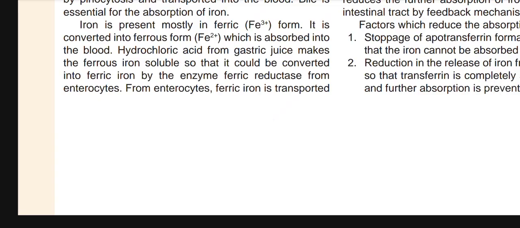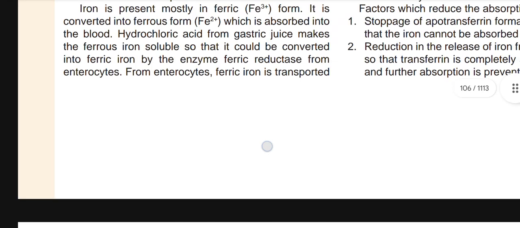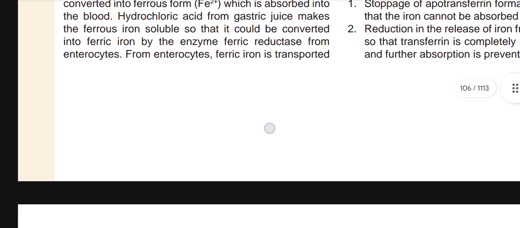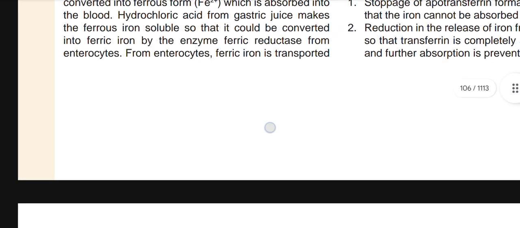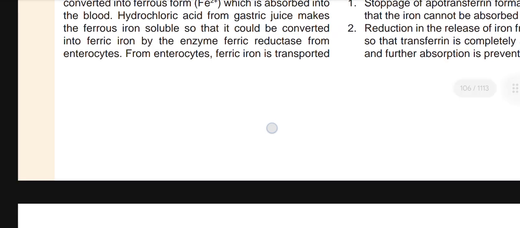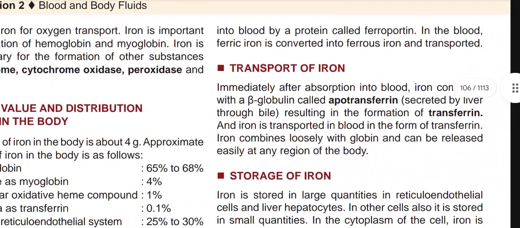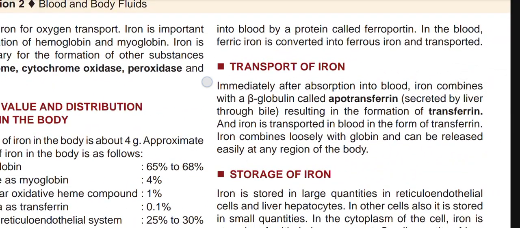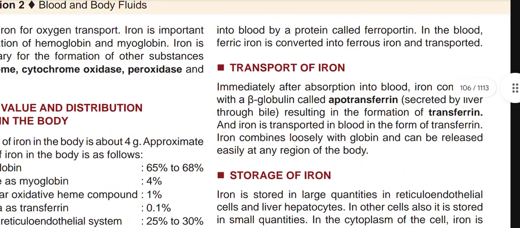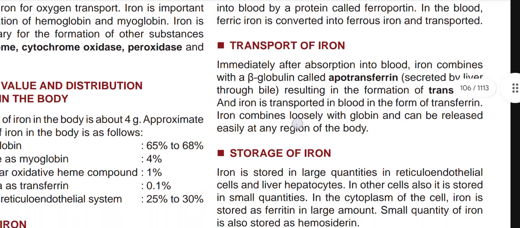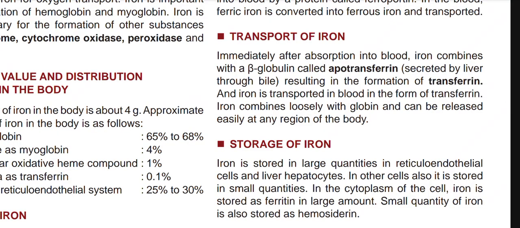Hydrochloric acid from gastric juice makes the ferrous iron soluble, so that it could be converted into ferric iron by the enzyme ferric reductase in the enterocytes. From enterocytes, the iron is transported into blood by a protein called ferroportin, and in the blood the ferrous iron is converted into ferric iron and transported again. Now, transport of iron.